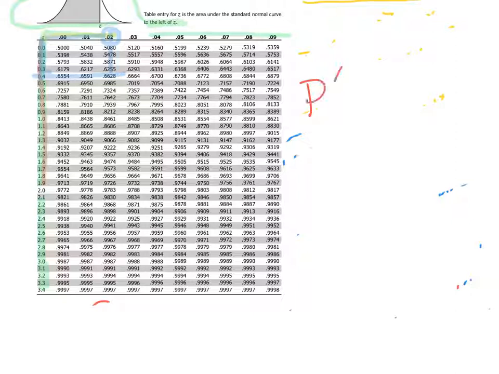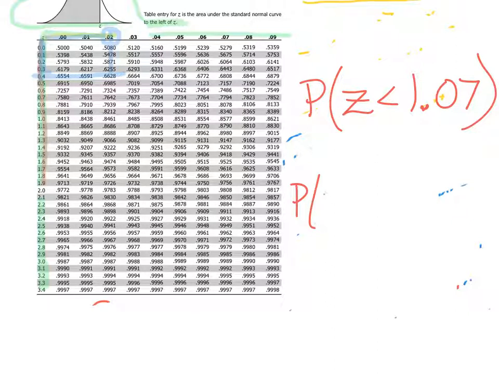What is the probability that z is less than 1.07? This is area to the left. And the other one, what is the probability that z is greater than, let's do 0.94. I'm going to pause this for just a minute and give you some time to look at those, and then I'll pick back up.